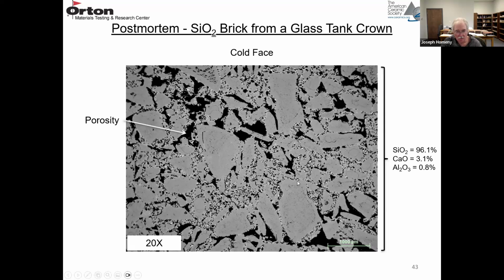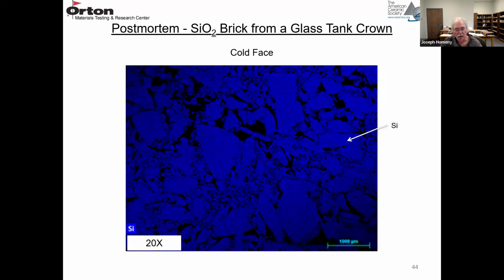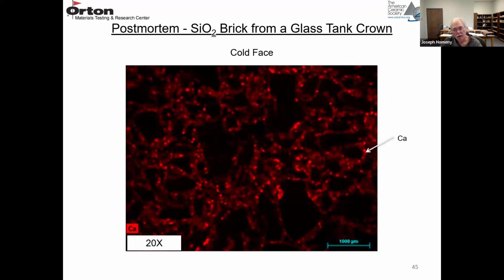So we've looked at this structure. The blue is Si, the black is primarily the porosity. And then between the silica crystals, Ca is red, so it's in the grain boundary areas. That's the mineralizer.